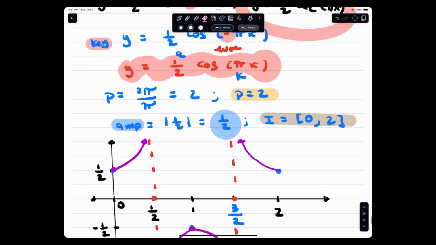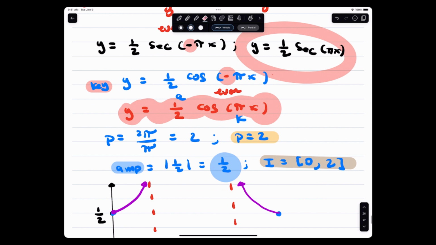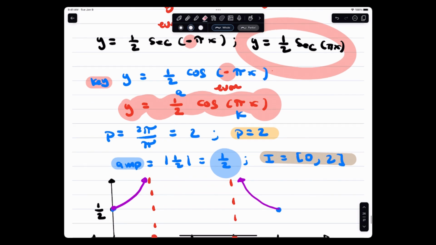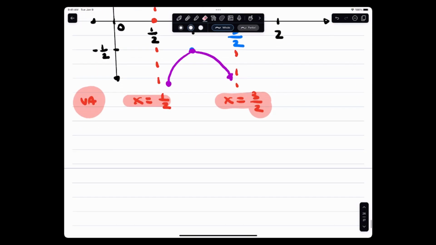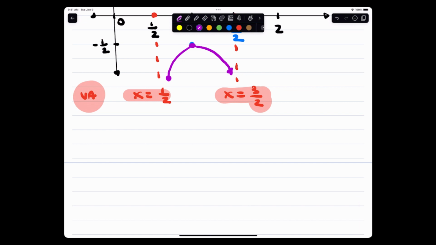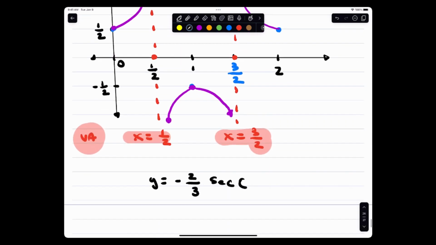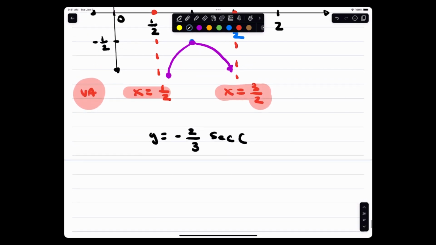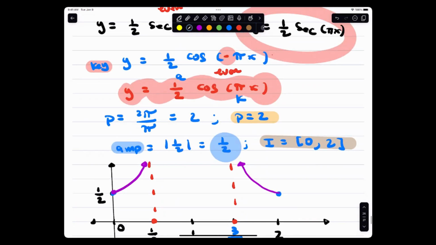Okay, you guys okay with that? So remember, what was I really attempting to do here? What if you got a negative value, right? So if they gave you, for example, hey, what is y equals to a negative value there? Like maybe a negative 2/3 secant, what did we do?